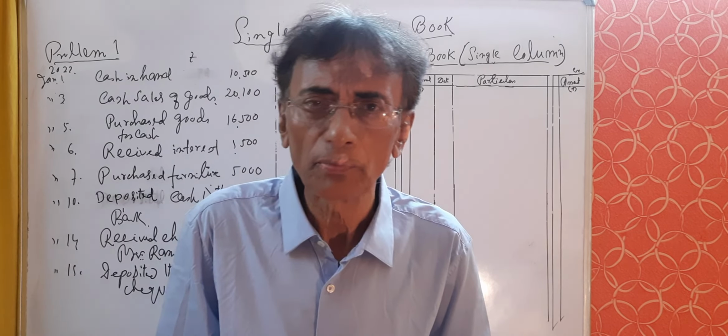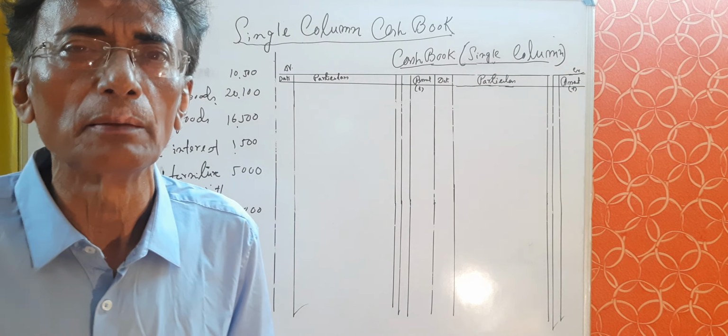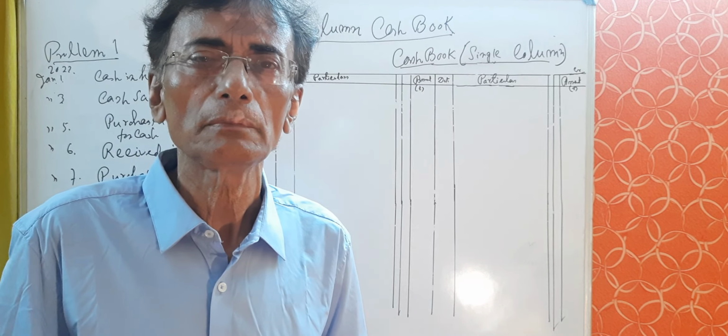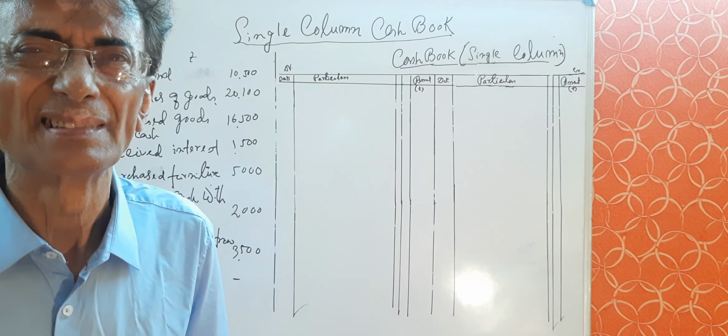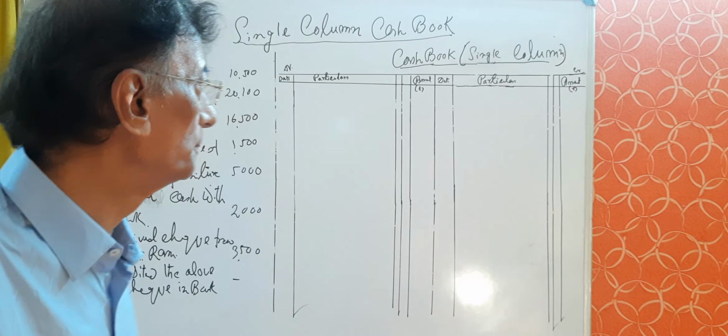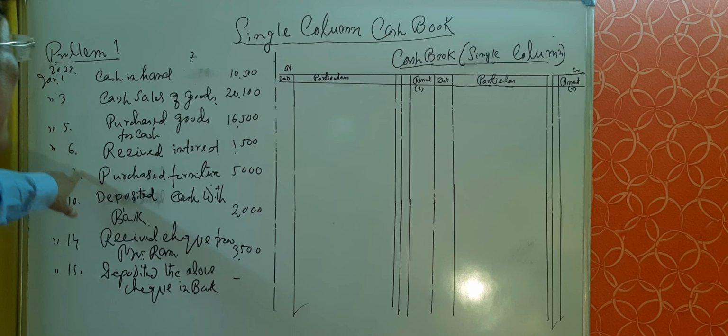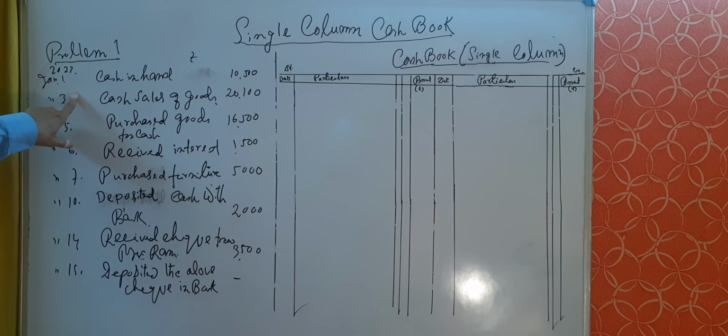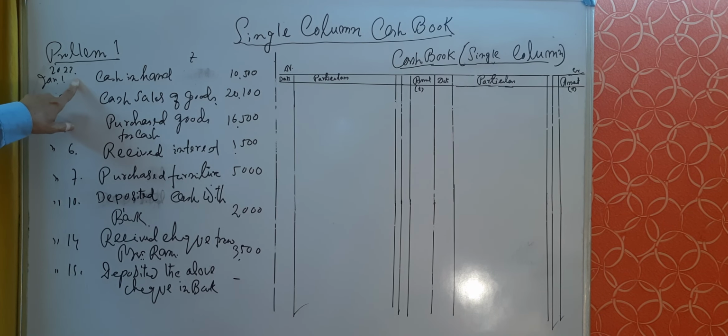Now we shall solve a problem on single column cash book. Here is the problem. Problem 1. This is date 2022, January 1, cash in hand.